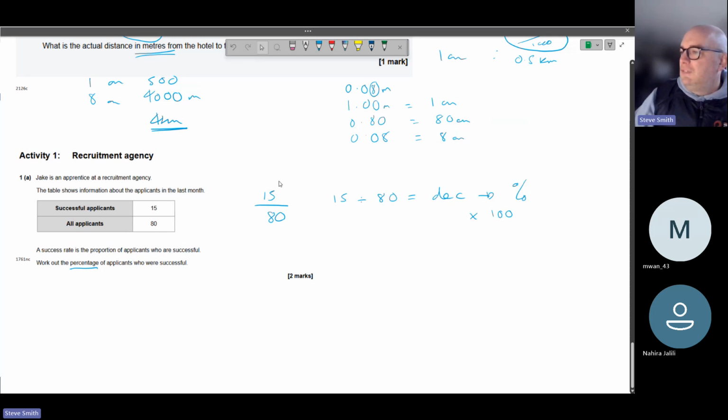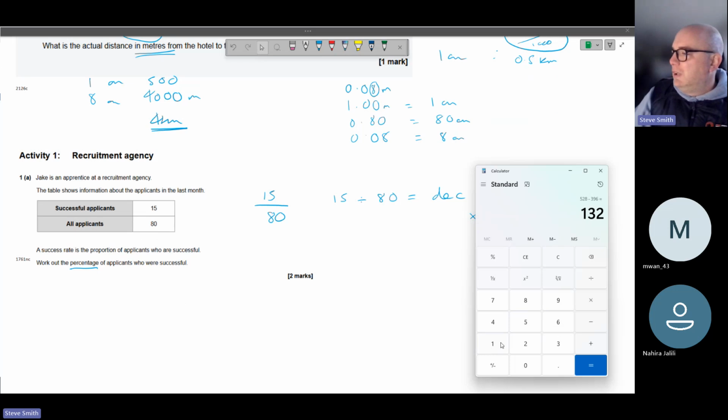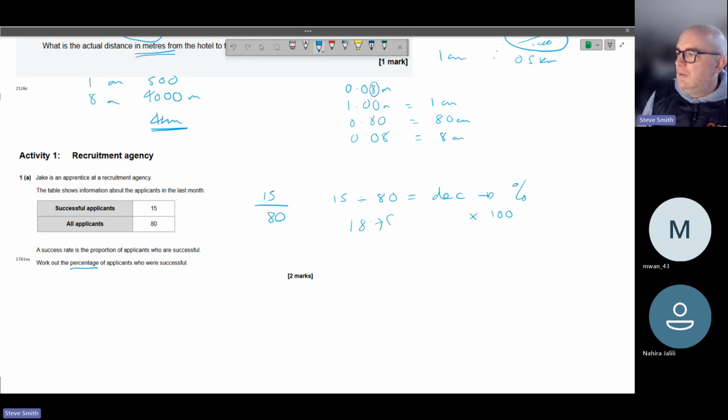So we're going to do 15 divided by 80. That's our decimal. So we wouldn't get a point for that because it's asking you for a percentage. Times it by 100. And we've got 18.75. 18.75. And that is the answer.